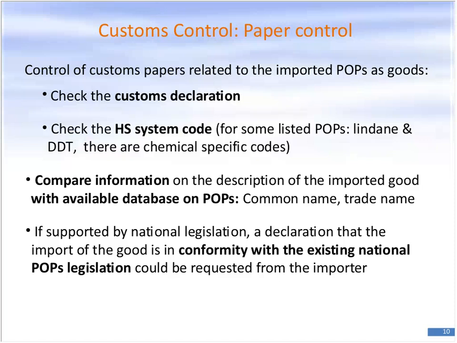Now, when it comes to customs control, in general, customs, first level of customs control is paper control. In a customs declaration, they check the harmonized system codes. And for some listed POPs like lindane and DDT, there are chemical-specific codes in the harmonized system.